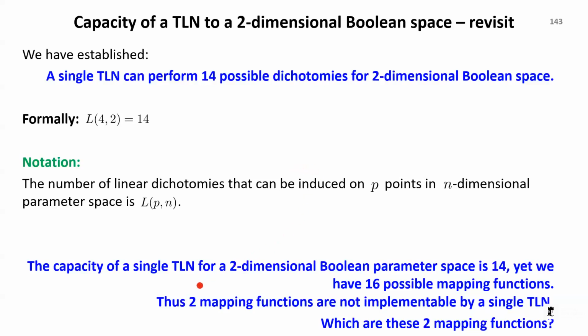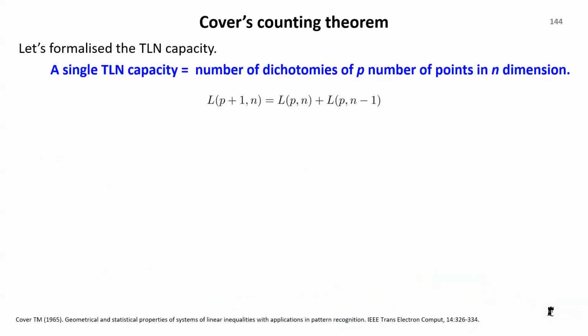Meaning that 2 operations are not implementable by a single perceptron. You have already seen one of them, XOR, before, right? XOR cannot be solved with a single line. There is another one.